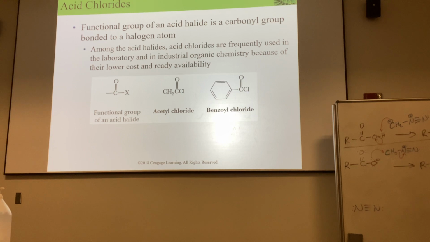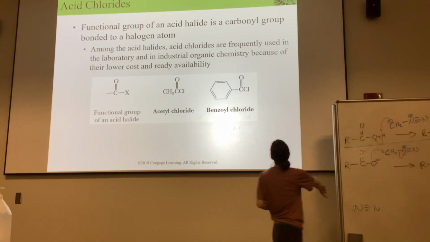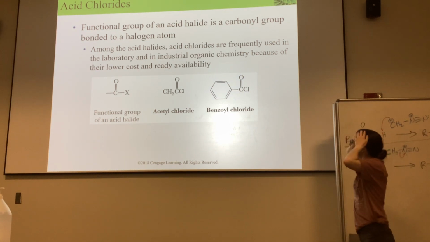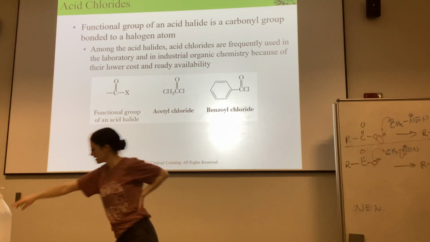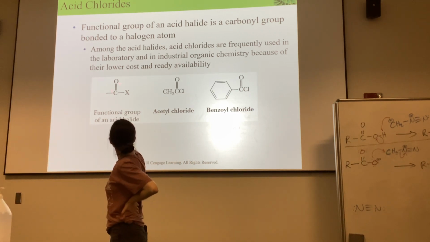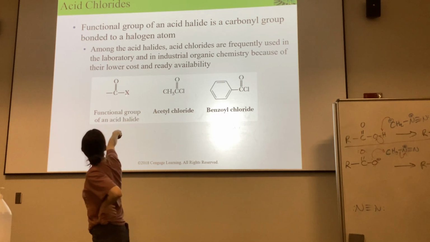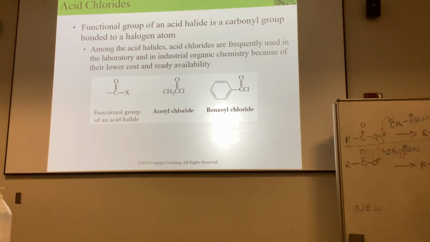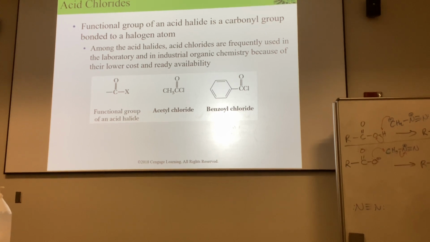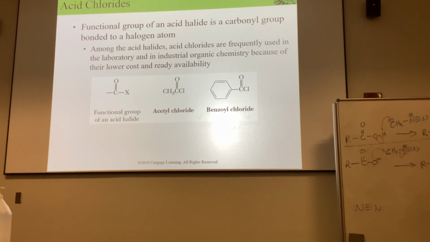Okay, acid chlorides. So, this is another thing we can do. Instead of having a carbonyl group with an OH, we can have a carbonyl group with a chloride attached to it. We're going to talk a lot about what these can do in the next chapter, which is carboxylic acid's cousins, derivatives thereof.